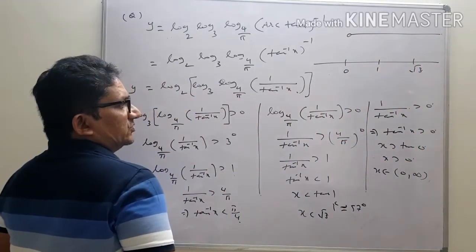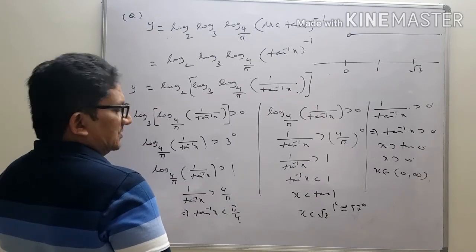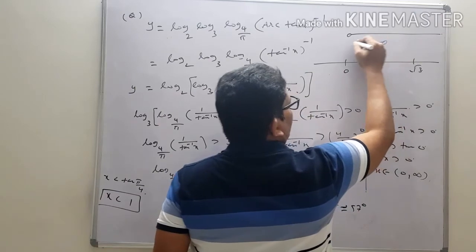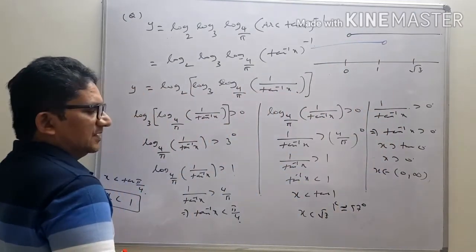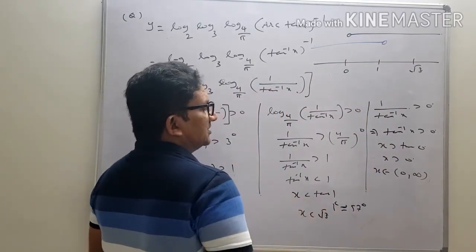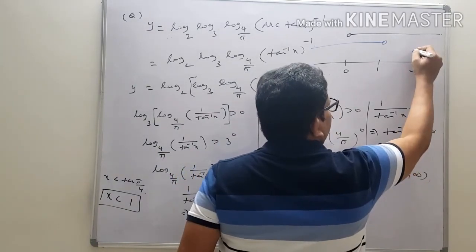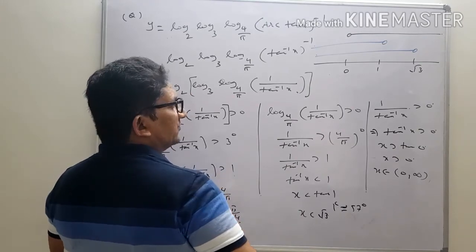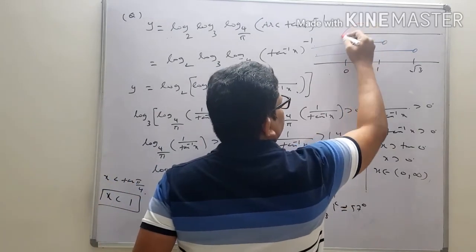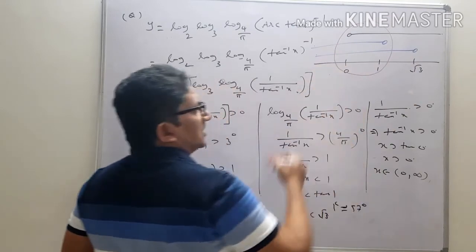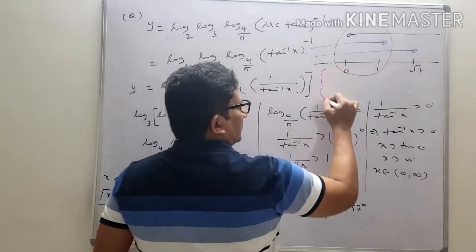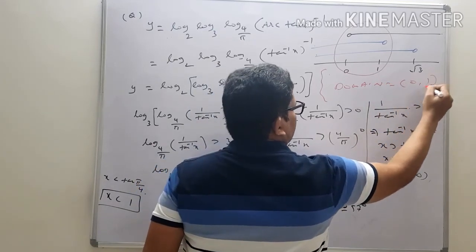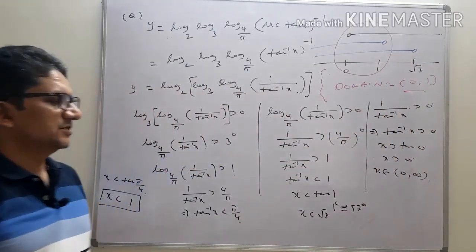Next one is x is less than 1, not included, and next one is x is less than root 3. Now clearly we can notice the common region where we are getting is here. So therefore the domain of this question is the open interval (0, 1). That is your solution.